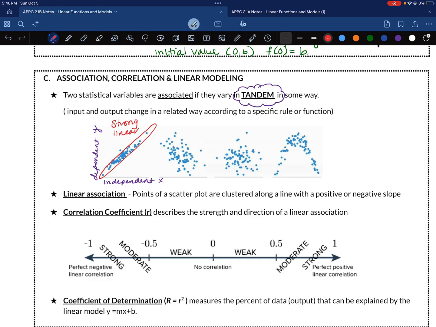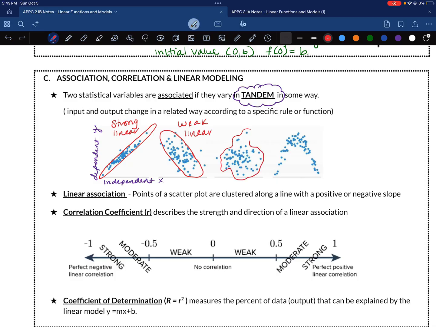And then we've got this next one. I would say that this still kind of is linear. It still kind of makes a line, but it's not very tightly into a line, and so I would say that this is weakly linear. Now, this next blob over here is a little amorphous.